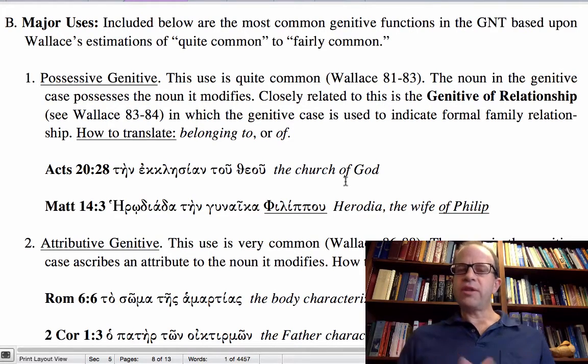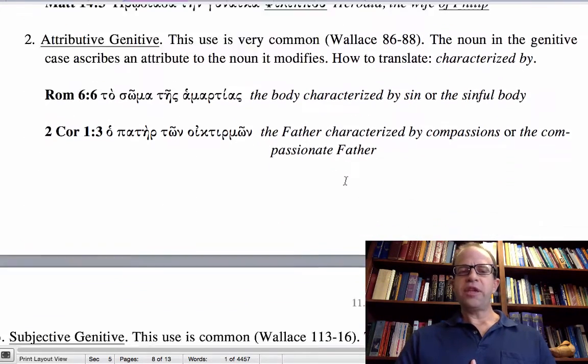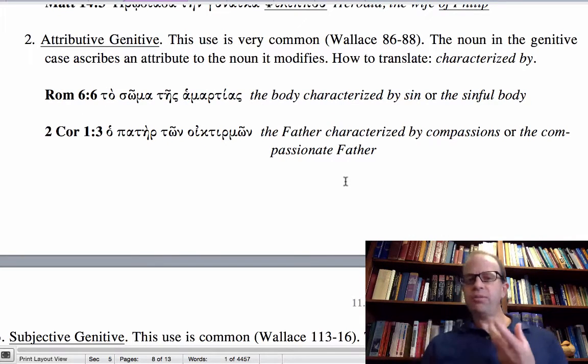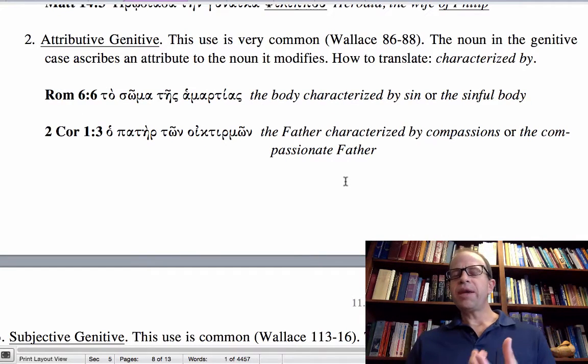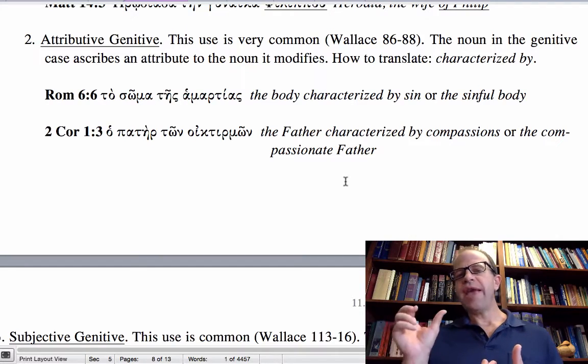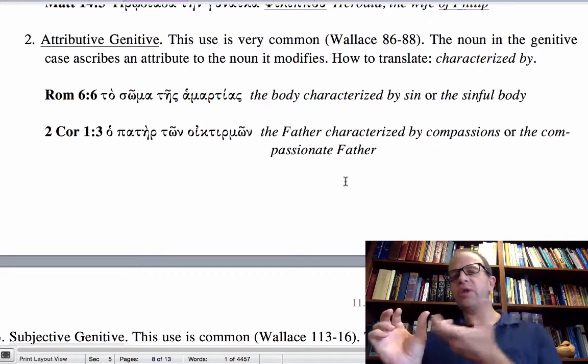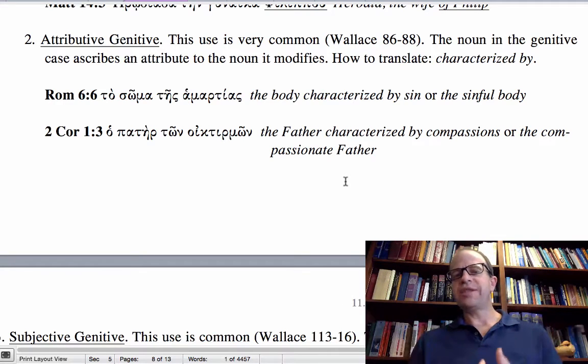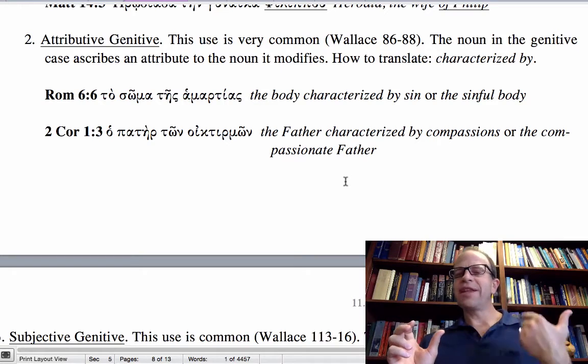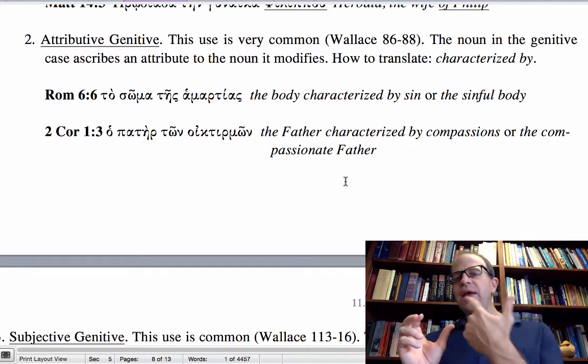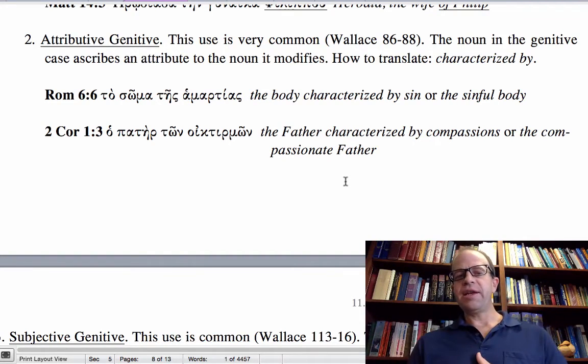One easy way to translate that is with the word "of," and you can see the examples there. The attributive genitive is when the genitive noun is ascribing an attribute to the head noun. So the head noun is the noun that the genitive noun is in relationship with. So in this example, the genitive noun is actually going to be translated like an adjective as a modifier of the head noun.